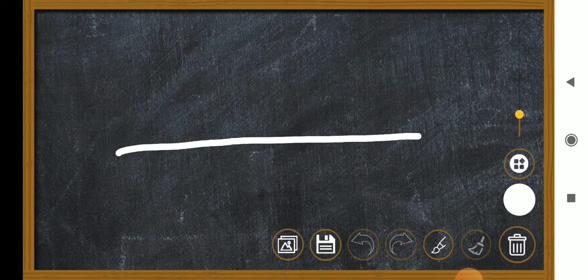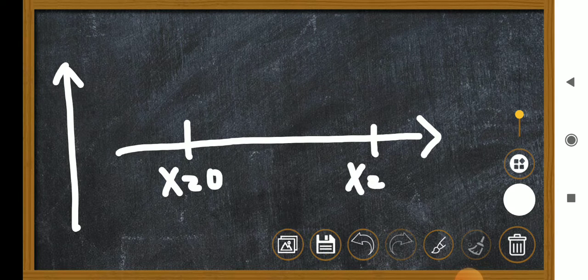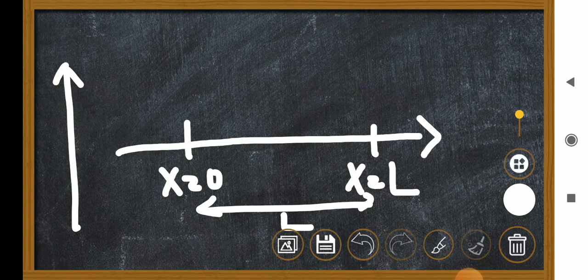Now consider this as your x-axis, and your potential is increasing in this direction. Now between 2 points at x equals 0 and at point x equals L, suppose we choose 2 points, this total distance is L in the x-axis.